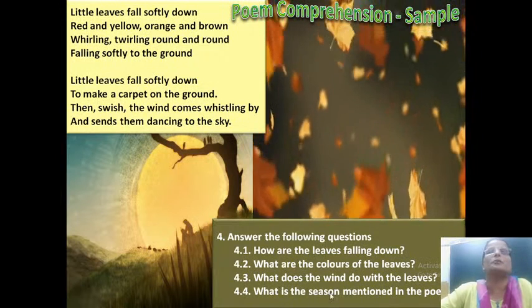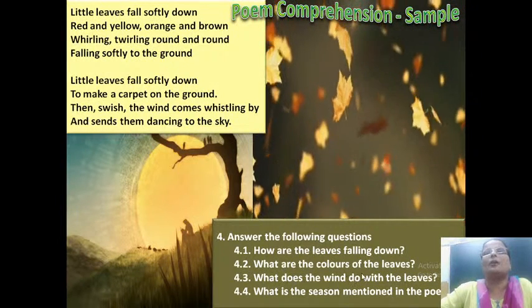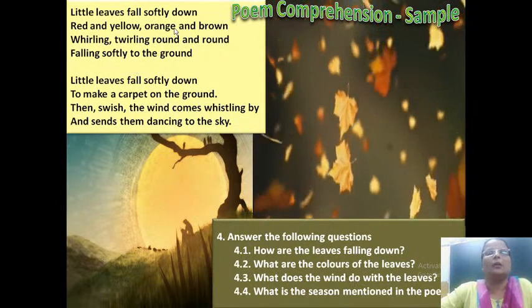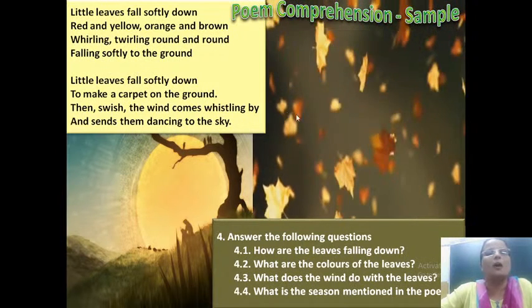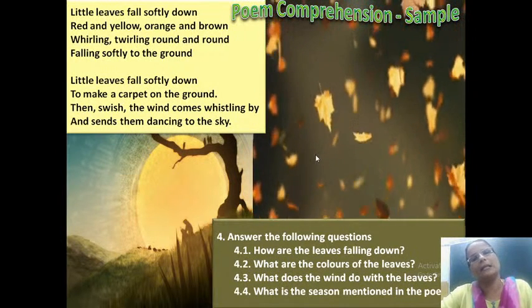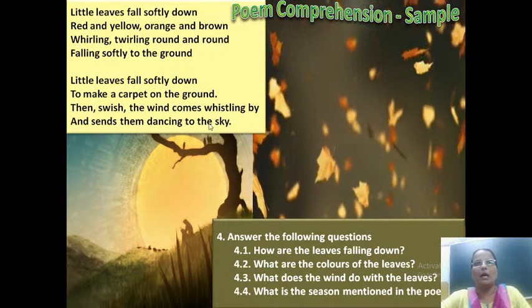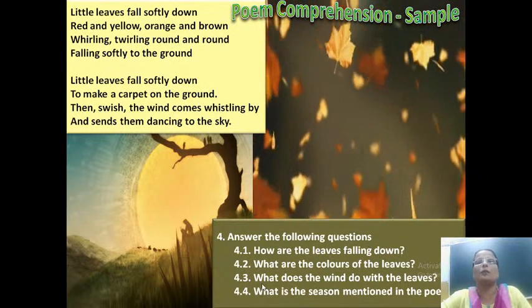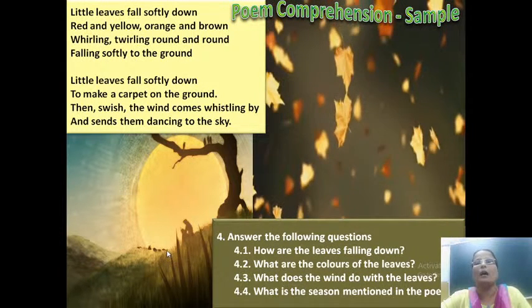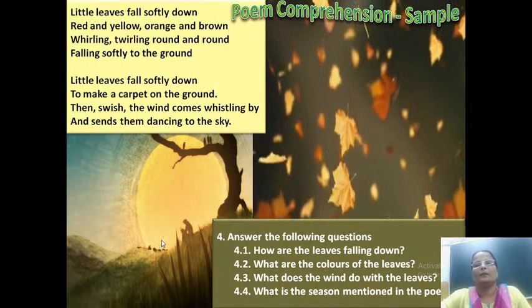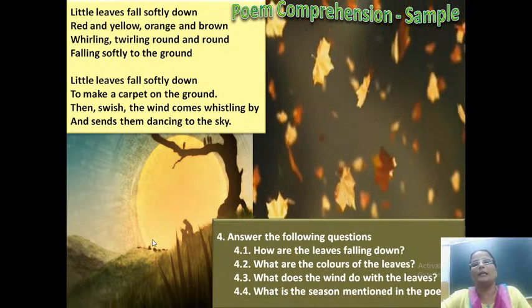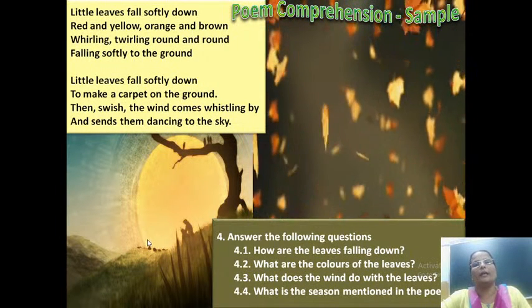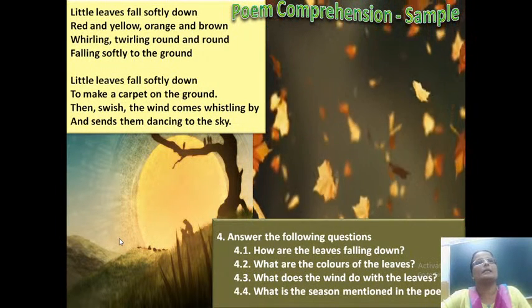I hope you understood. If you write like that, then only you will get the mark. Don't copy the line as it is. This is what was told to you about how to attend. So it is written that pick up only key words from the poem and write the answers in your own language.